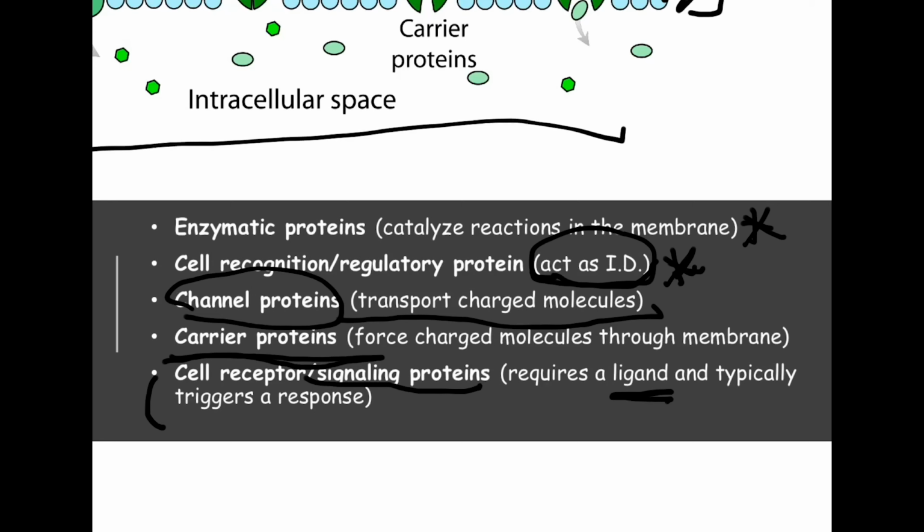An example is hormones. Let's say protein-based hormones, like insulin. Insulin is a hormone. When insulin is sent into your system, that ligand will dock to the surface of your cell that has insulin receptors.